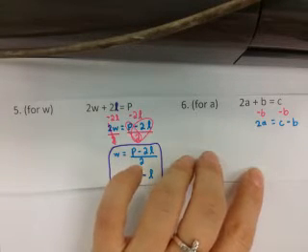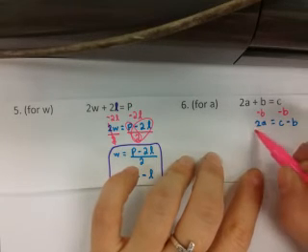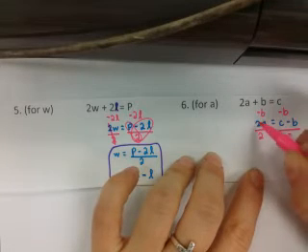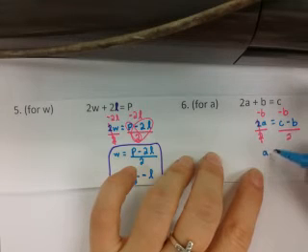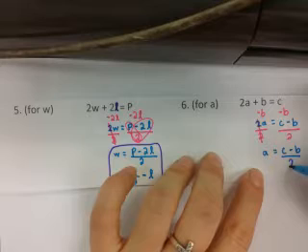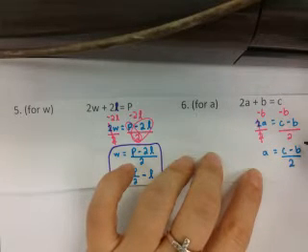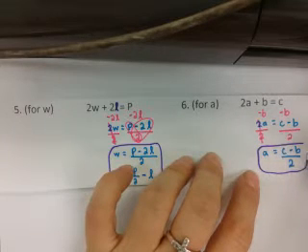Right now, A is being multiplied by 2. So the opposite of multiplication is division. We're going to divide both sides by 2. These 2's cancel out. So we're left with A is equal to C minus B over 2. There's really no point in splitting this one up. We don't simplify anything, so let's just leave it as a fraction on this one.